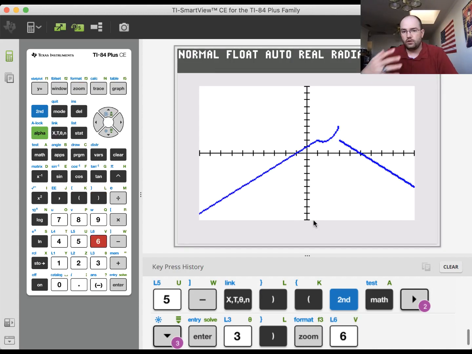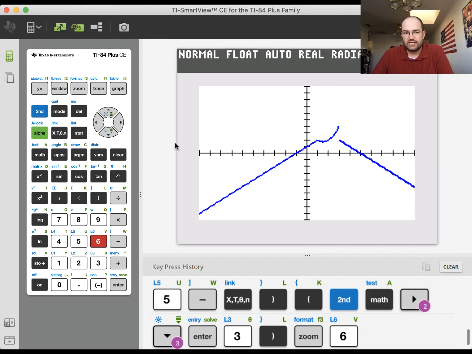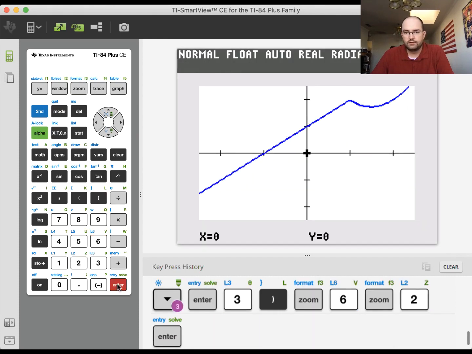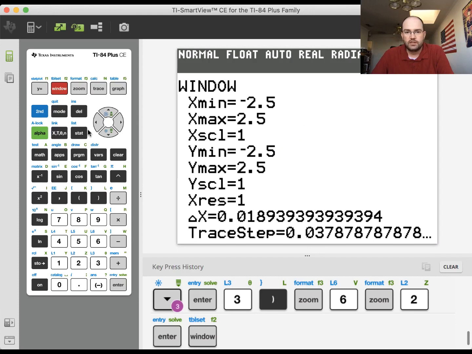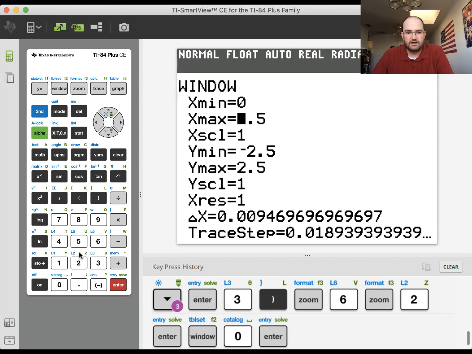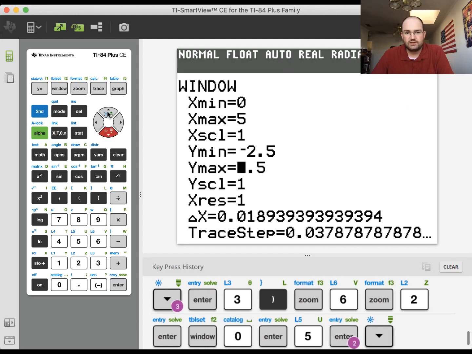Now notice that the only two places where we could possibly have a discontinuity are at x equaling 1 and x equaling 3. So at 1 and 3, you can kind of see what's happening. Let's zoom in to see if it works a little bit better here. Let's change the window. Let's go 0 to 5, and then negative 2.5 is fine.